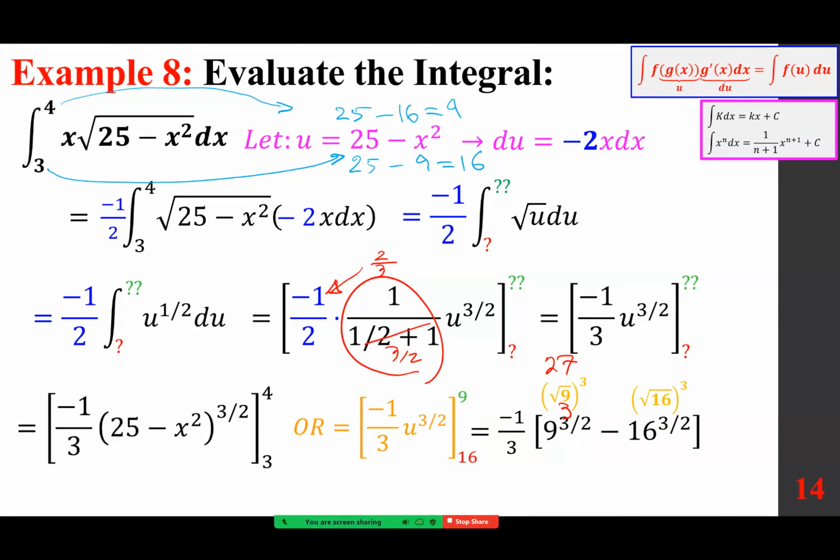Square root of 16 is 4. Cubed it is 64. 27 minus 64 is minus 37, and minus 1/3. Their product is positive 37/3.